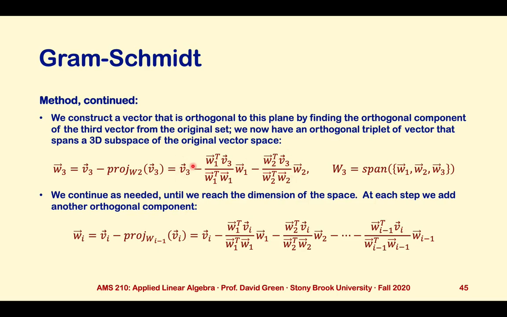So we subtract from v3 the projection of v3 onto w1, given by this form, and the projection of v3 onto w2, given by this form. This now gives us three vectors that are by construct orthogonal to one another, and which span some three-dimensional subspace of the original vector space we started with.